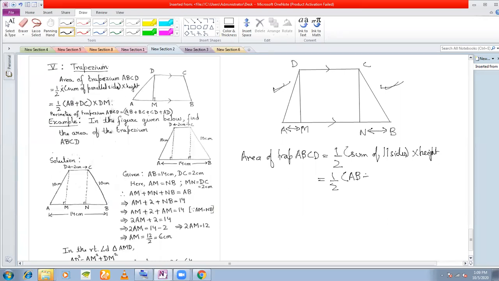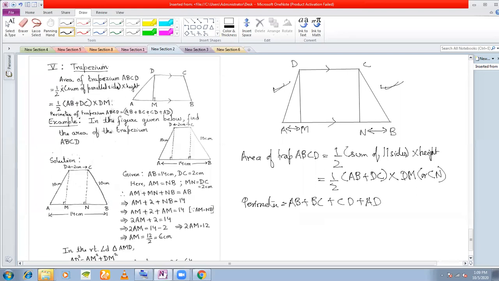So, half of AB plus DC, times the height. You can take the height as your DM, or you can take the height as your CN also. And if you want to calculate the perimeter, you take the sum of the lengths. Perimeter is nothing but the sum of the lengths: AB, BC, CD, and AD. That is the perimeter.